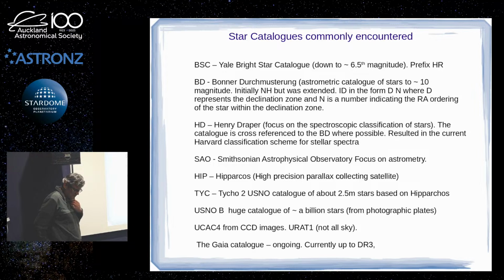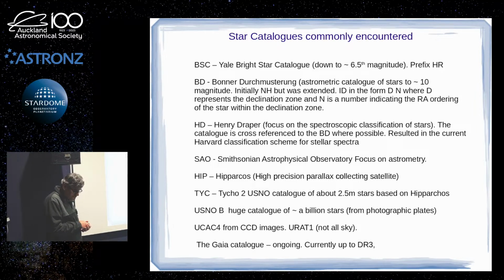Some other ones, you won't find it so commonly these days, the Bonner-Durchmusterung, which was a catalogue of stars going down to 10th magnitude, so you need a telescope to see most of them. Obviously, the fainter you go, the more stars there are.